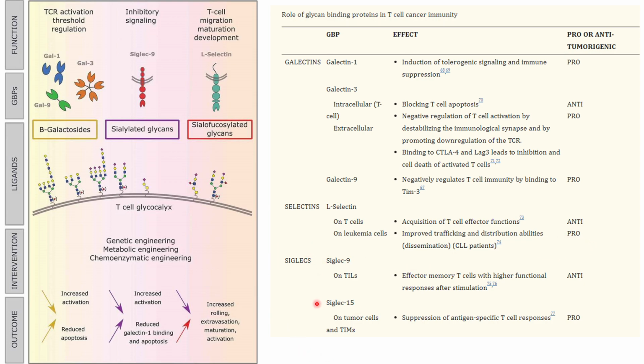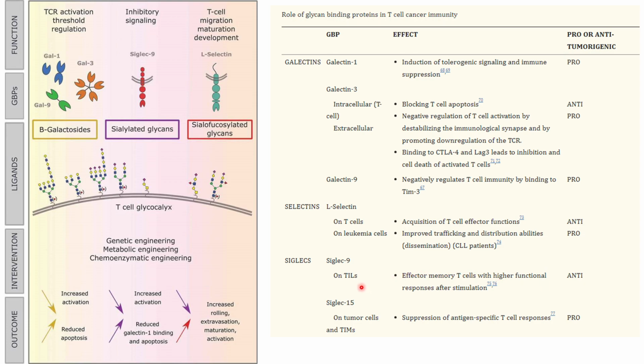And in terms of Siglec, that is, sialylated glycans on the TILs, it will affect the memory T cells, with higher functional responses after stimulation. So in other terms, it will increase the immune suppression on the T cells because of the Siglec 9 inhibitory function.